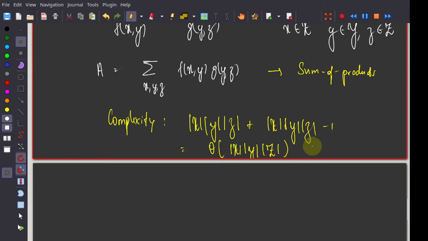In this case, the total complexity would be 1000 cubed, which is enormous. That's roughly order 10 to the 9. Is it possible to have a much greater reduction?